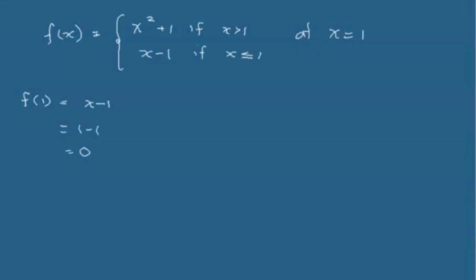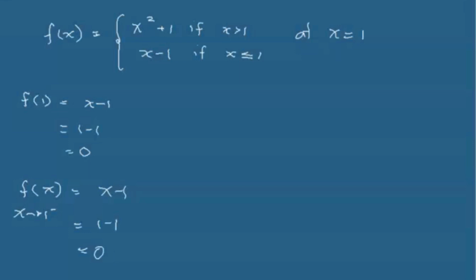Next, let's find if the right hand side limit and left hand side limit exist and are equal. For f of x as x approaches 1 from the left, if it's from the left, it means less than 1, so we'll use x minus 1 again. That's 1 minus 1, so 0. That's looking good.